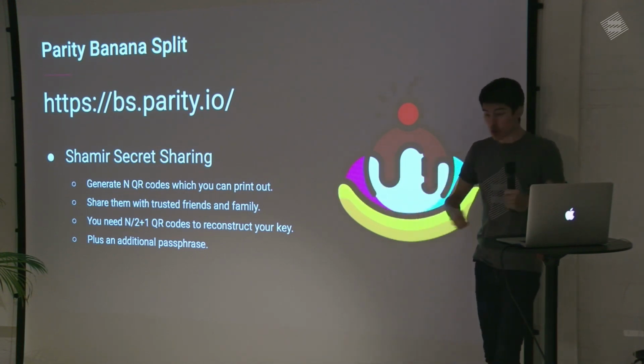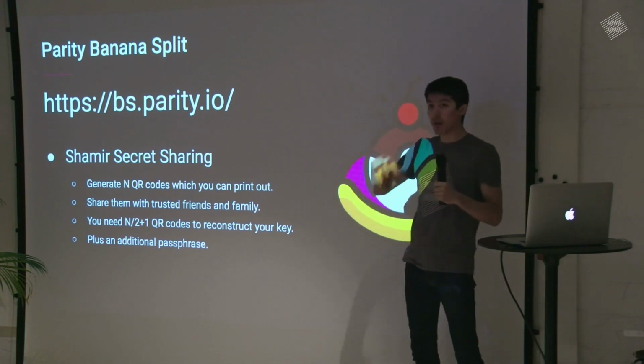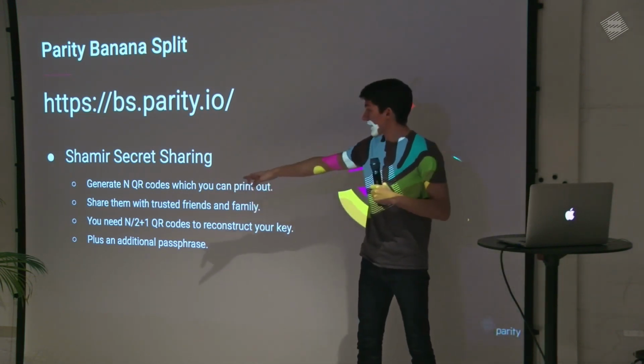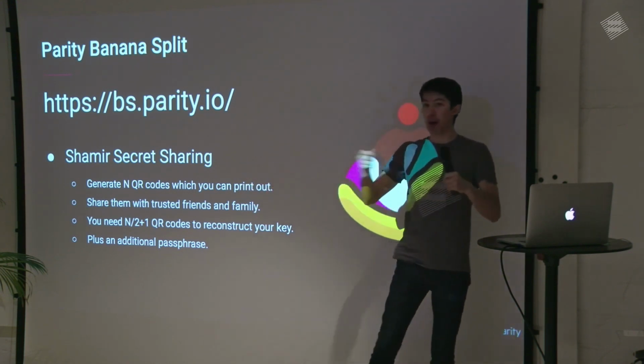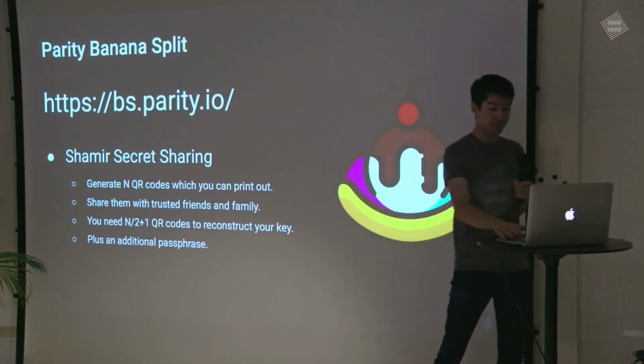Very similarly, you share this QR code paper with a bunch of your friends and family. And if you want to recover the private data, you just need to get half plus 1 of the QR codes back. So this is another method, off-chain, that you can secure a key. Maybe you want to use both, but you can see these are very similar methods and things that are available to you outside of the recovery palette.